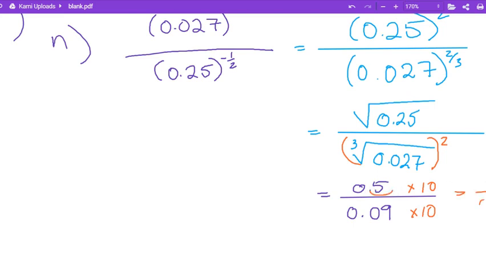I get 5 over 0.9. Well, I still have a decimal. So what do I need to multiply numerator and denominator by? 100. And the other way you could figure it out is you need to move this decimal 1 and 2 spots. Okay? So times 100, times 100. And that gives me 50 over 9.